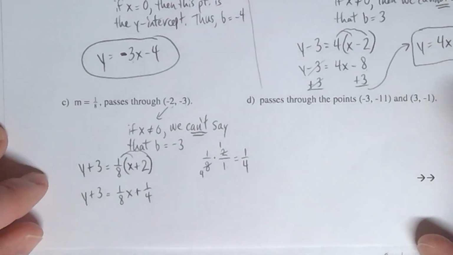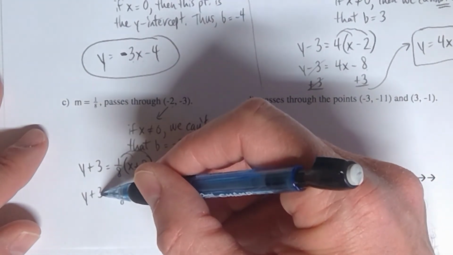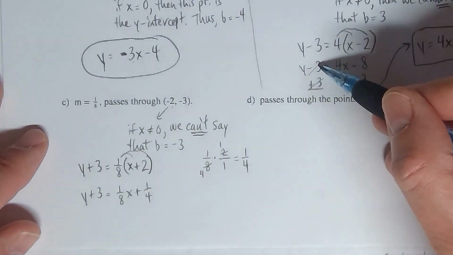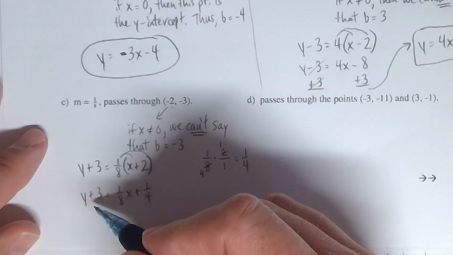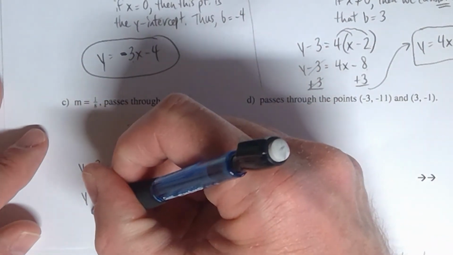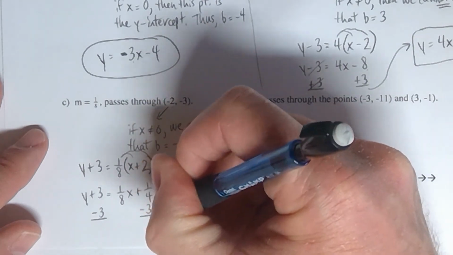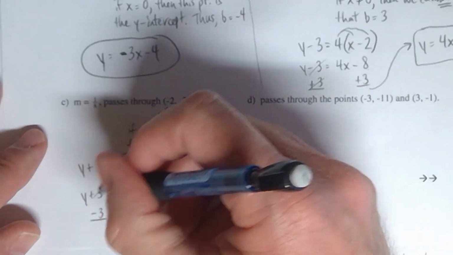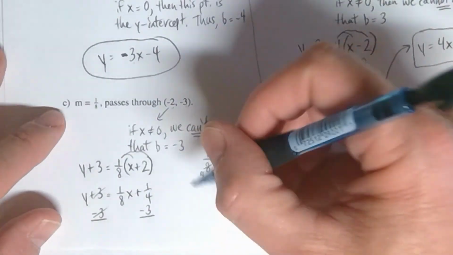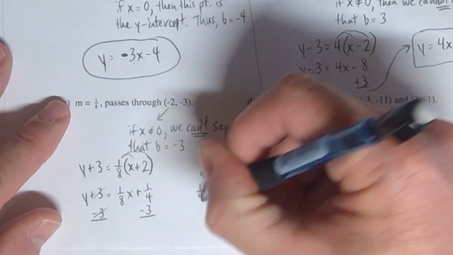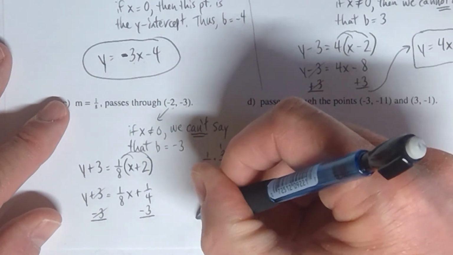Last step here is that we need to move over the 3, just like we moved over the -3 in the last problem, so that y would be by itself. Since the 3 is positive, I've got to subtract the 3. And this brings into play when we learn how to add and subtract fractions. How do you do 1/4 minus 3?